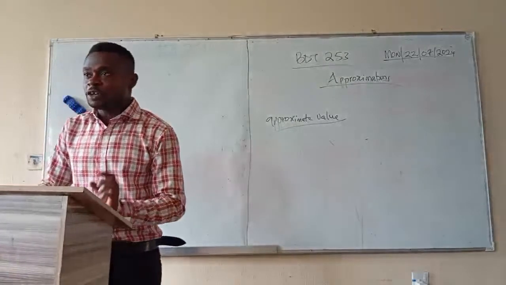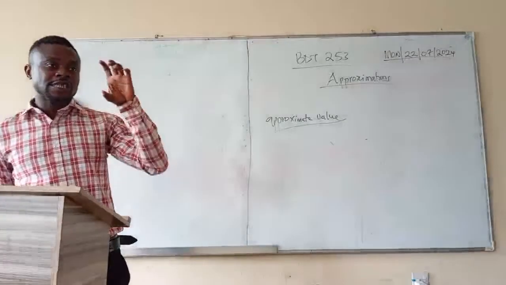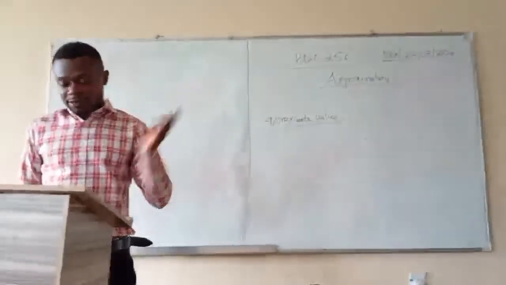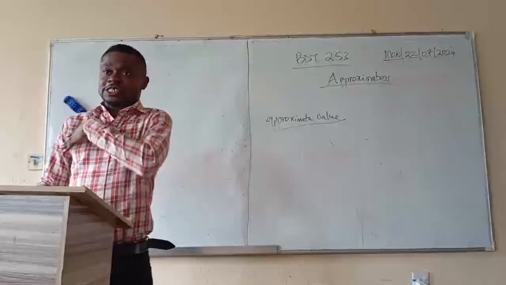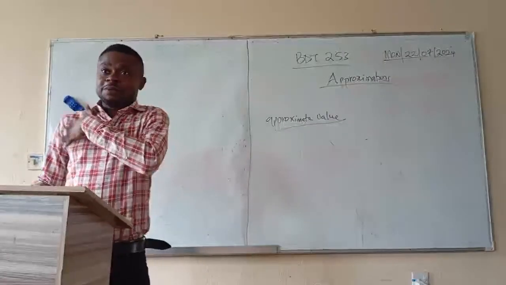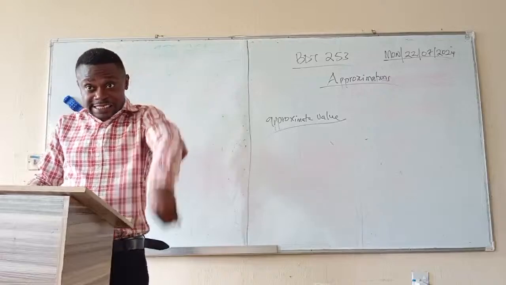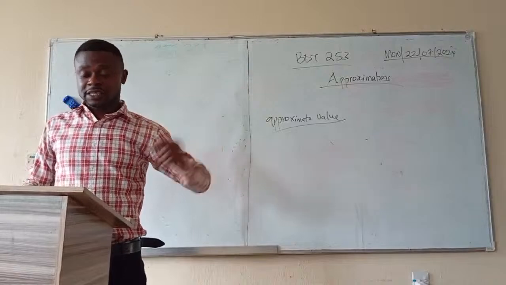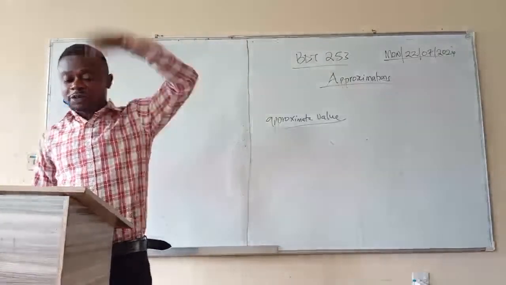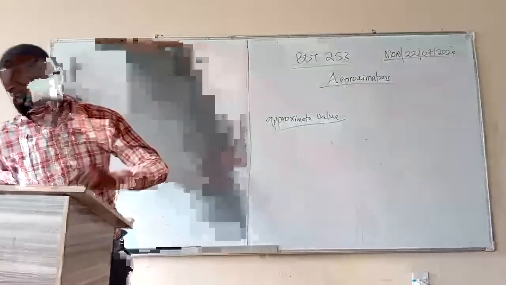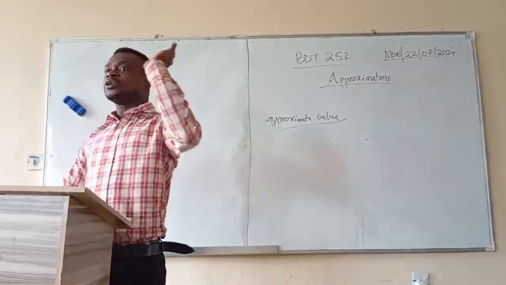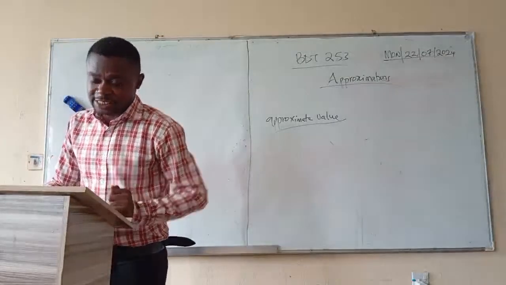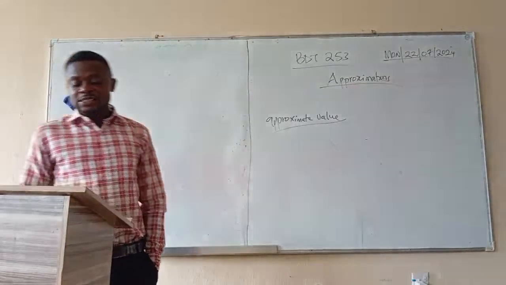So because of that, I want to talk about this rounding off. What is it all about? Either rounding off or rounding. Rounding is that process where you now generate the approximate value. It can be round up or round down, depending on the digits to the right.